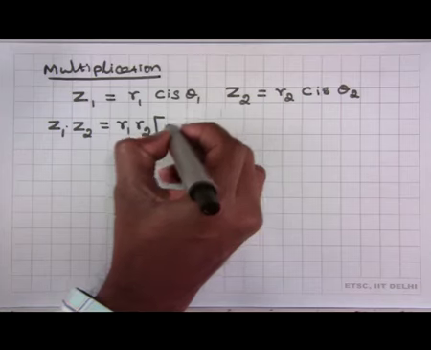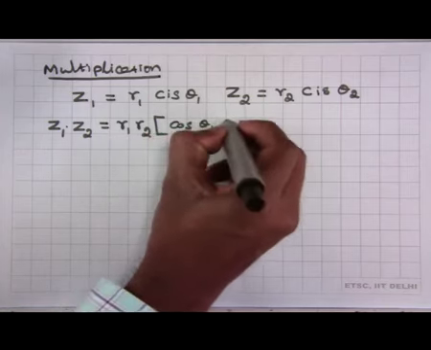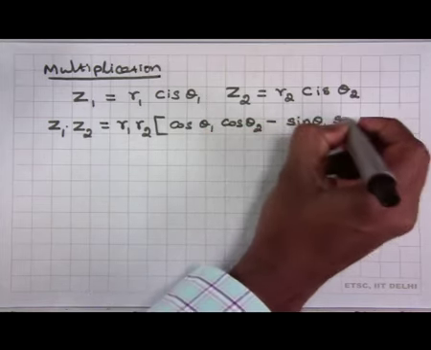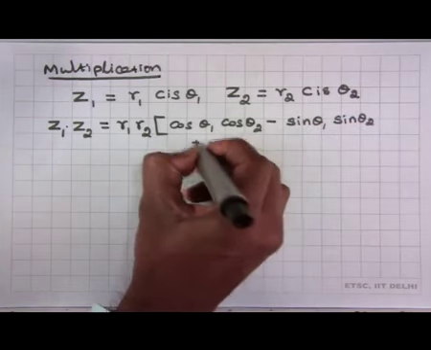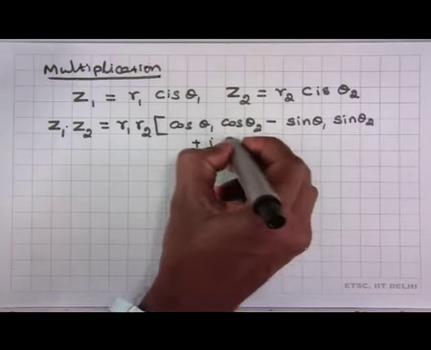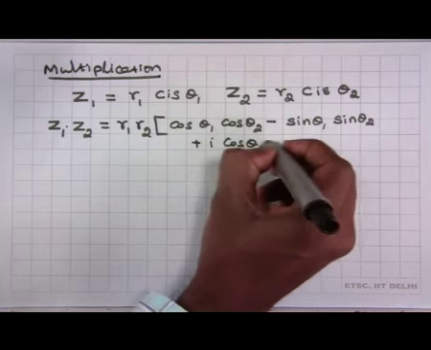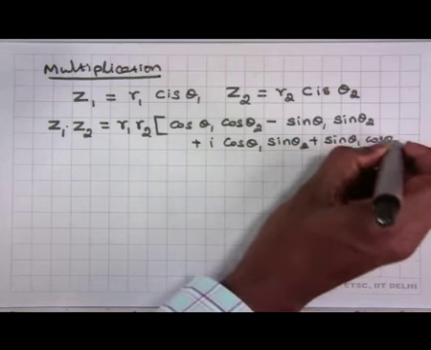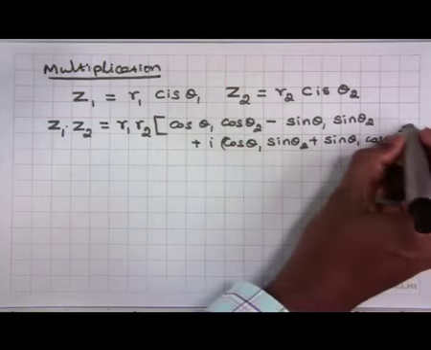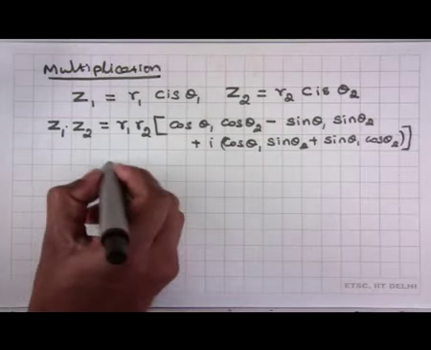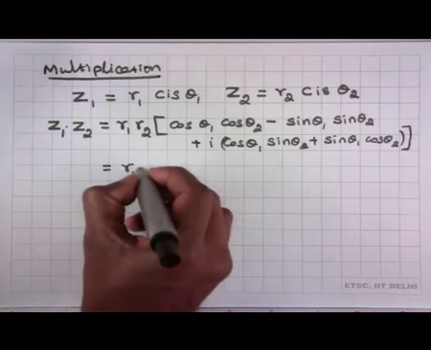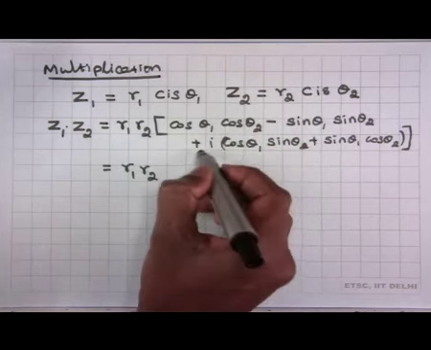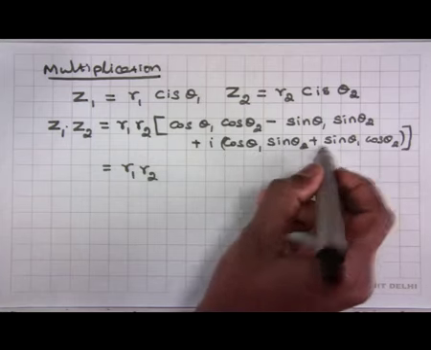their product comes as cos theta 1 cos theta 2 minus sin theta 1 sin theta 2, plus i times cos theta 1 sin theta 2 plus sin theta 1 cos theta 2, and by the trigonometric formula we can see that this factor is cos of theta 1 plus theta 2 plus i times sin of theta 1 plus theta 2.